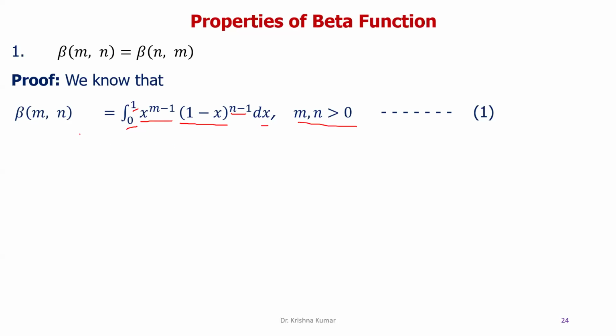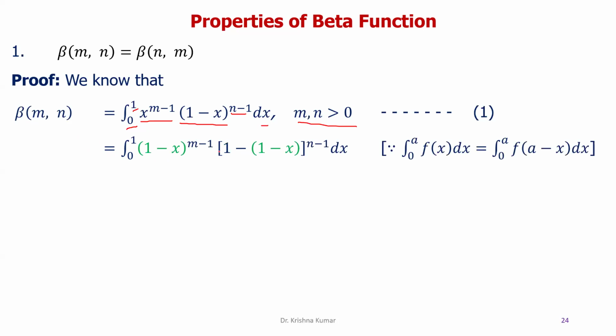So let us replace. We have the property of definite integration: the integral of f of x under the limit 0 to a can be written as the integral of f of a minus x under the limit 0 to a with respect to x.